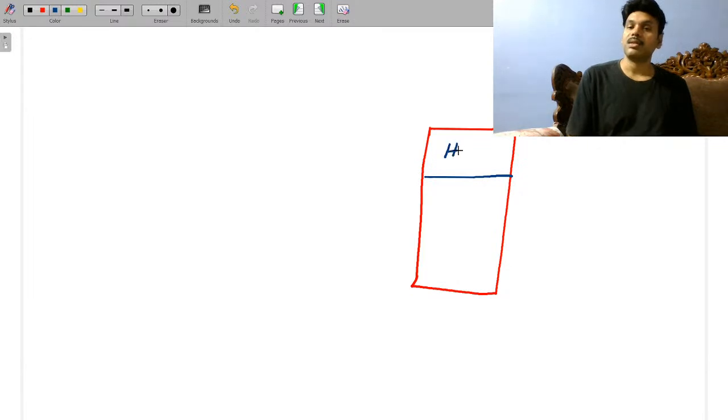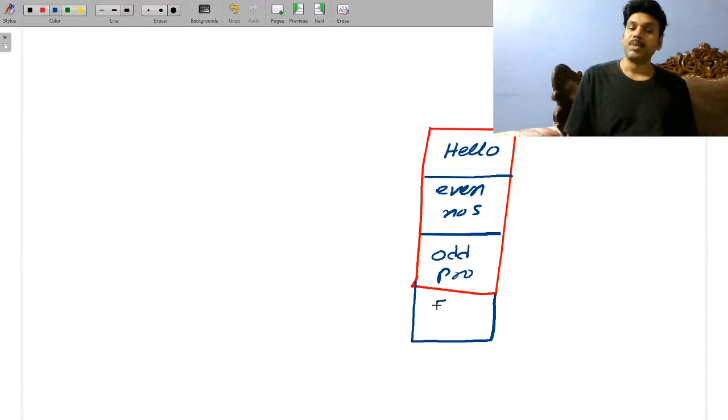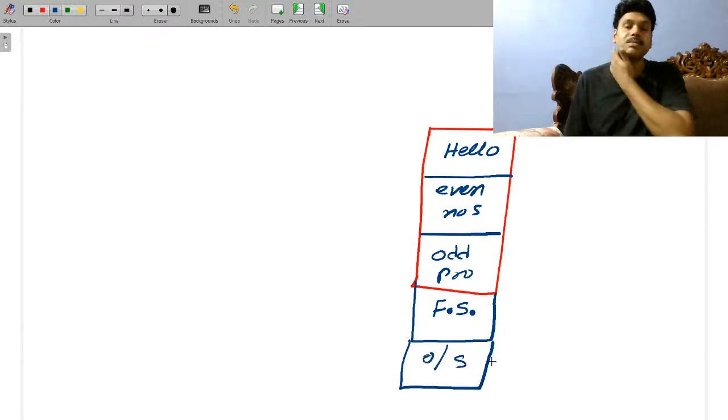This is a hello program, this is an even numbers program, and this is an odd numbers program, and this is a Fibonacci series program. Please understand, there are 4 programs and the bottom is reserved for the operating system.